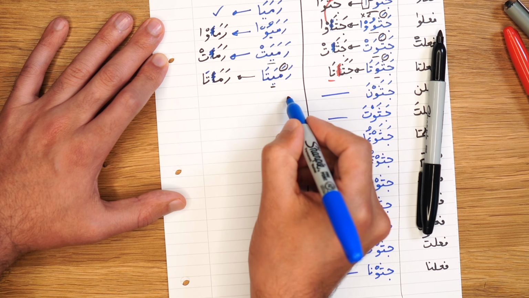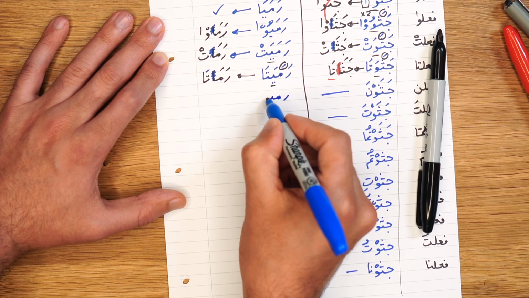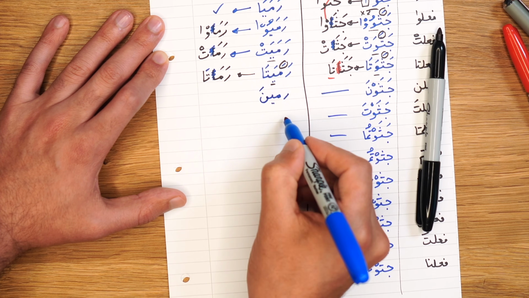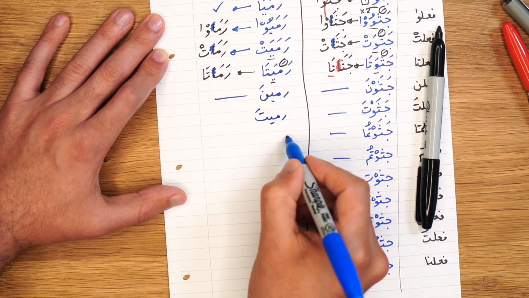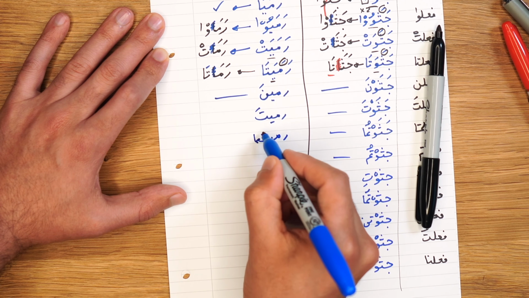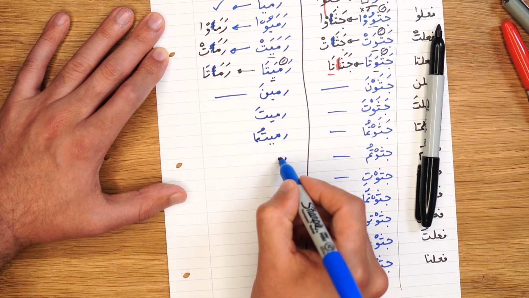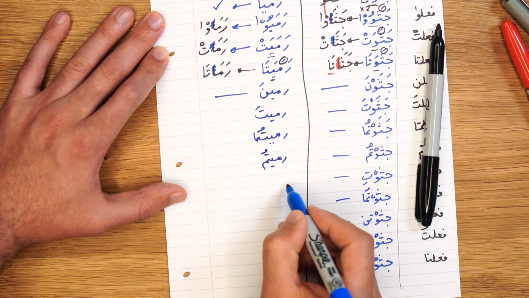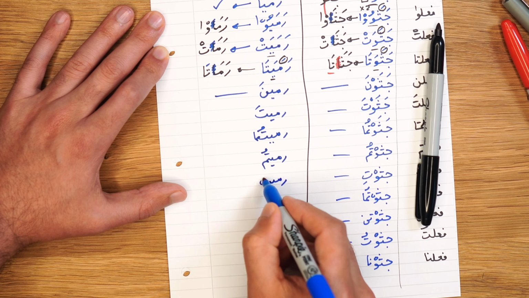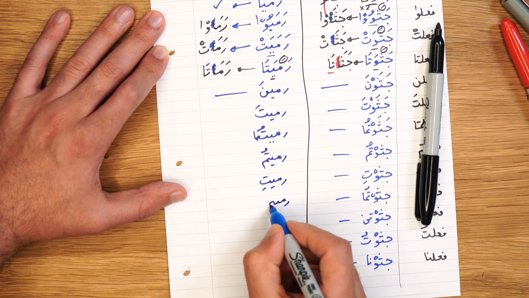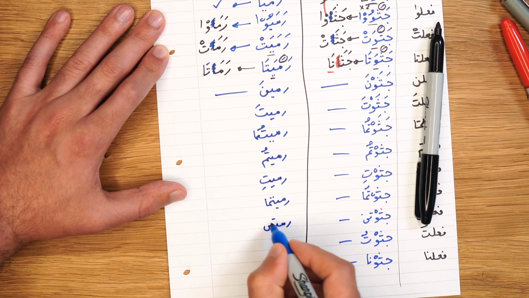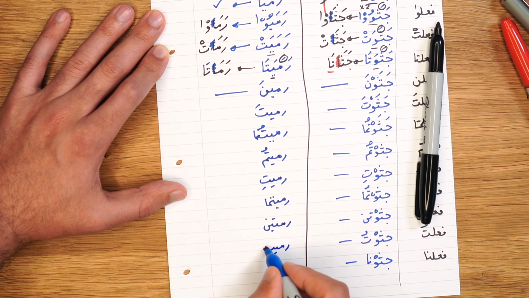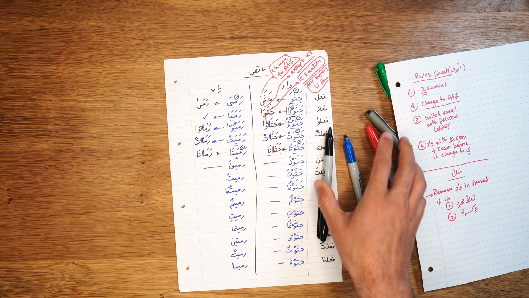And then ramayna, ramayta, ramaytuma, ramaytum, ramayti, ramaytuma, ramaytunna, ramaytu, ramayna. Okay, so the same rules apply over here.